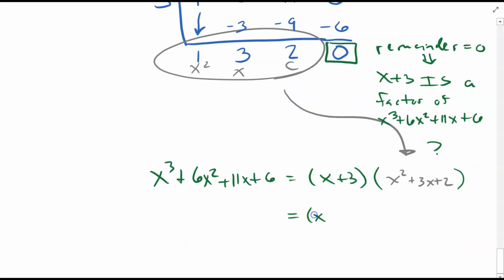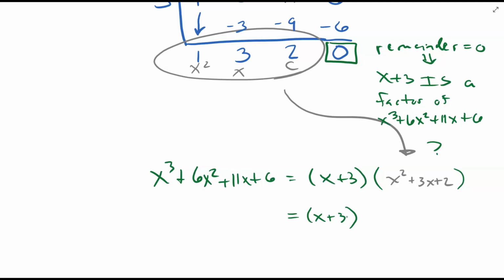Now, if I look at x squared plus 3x plus 2, can we factor that? Yes. Right? That's in the quadratic form. Its leading coefficient is 1, so I just need to find two numbers that multiply to give me 2 and add to give me 3.